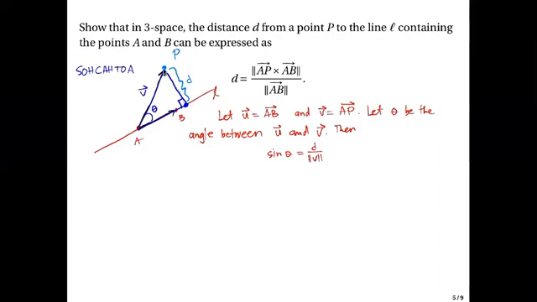So the opposite side is D, and the hypotenuse is the norm of the vector v. Or we write this now as the distance D. This is equal to the norm of v times sine theta.